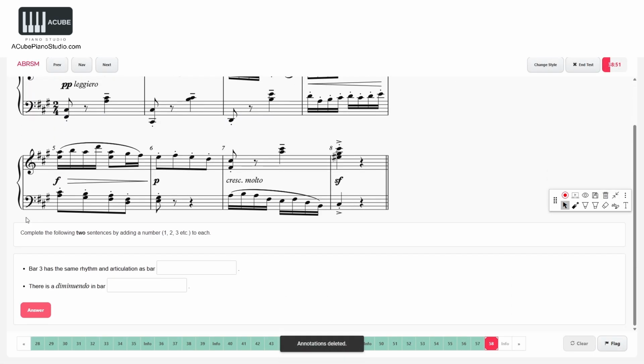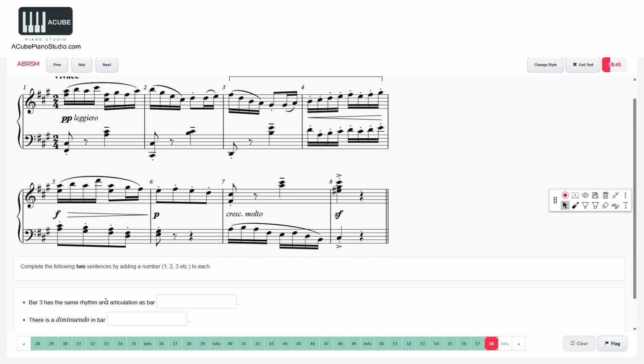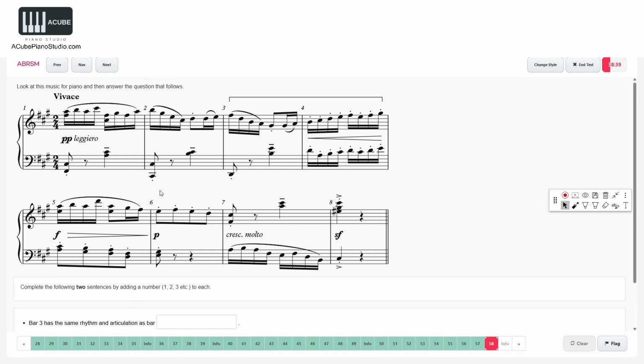Okay, next, complete the two sentences by adding a number 1, 2, 3, etc. So bar 3 has the same rhythm and articulation. Articulation refers to maybe your staccatos and so on. So bar 3 has the same rhythm and articulation as, if you look at this, 4 semiquavers that are together with a slur, then 1 staccato, and then these 2 notes have a slur.